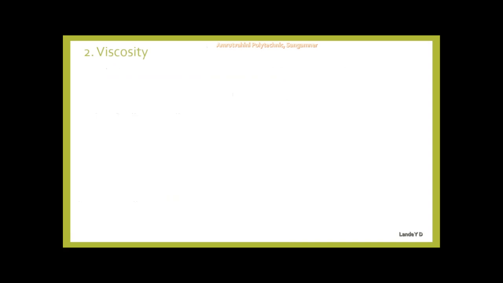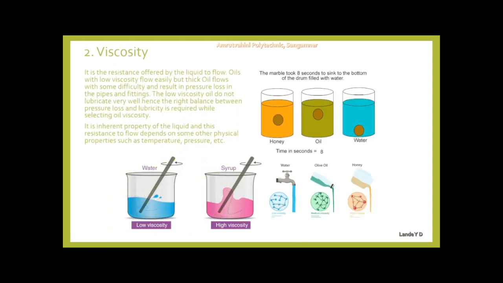2. Viscosity. Viscosity is a fundamental property of hydraulic oil that plays a critical role in the performance and efficiency of hydraulic systems. It is a measure of the oil's resistance to flow and is determined by the molecular structure and composition of the oil.